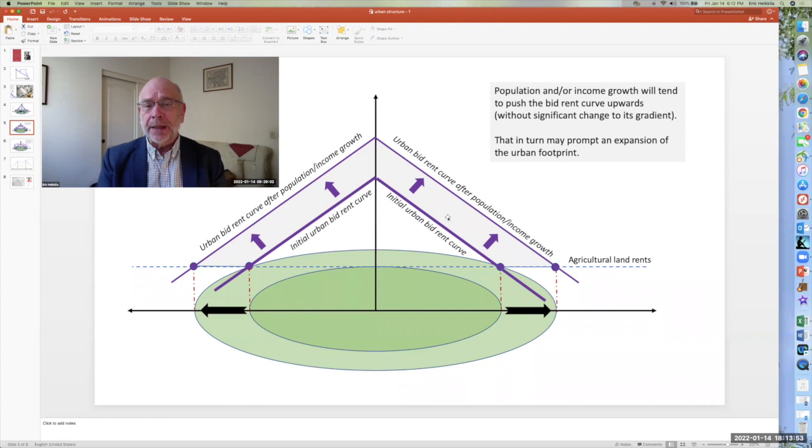So the winning bid is going to have to be higher if you're bidding against a larger crowd.